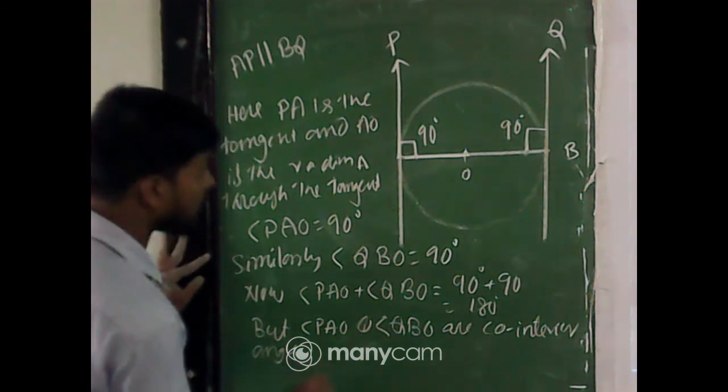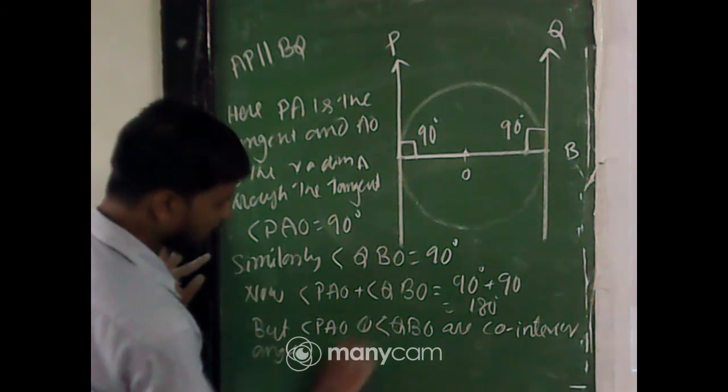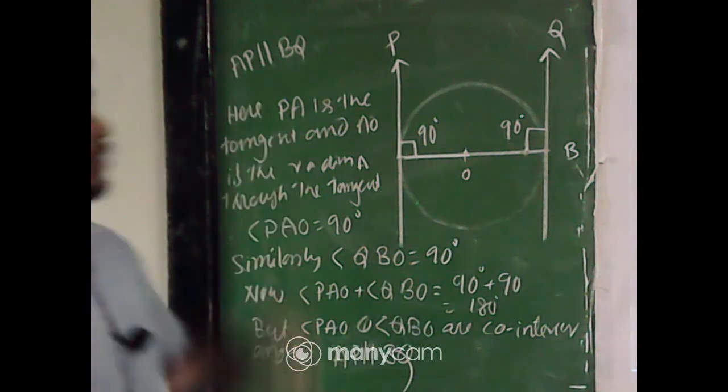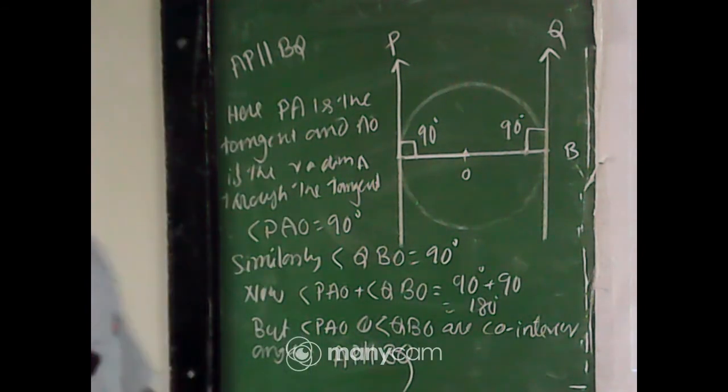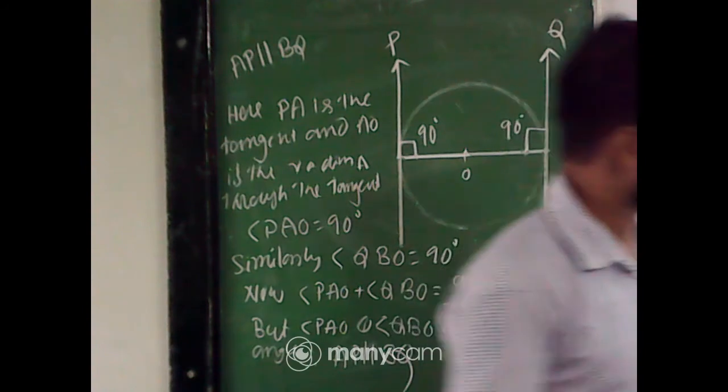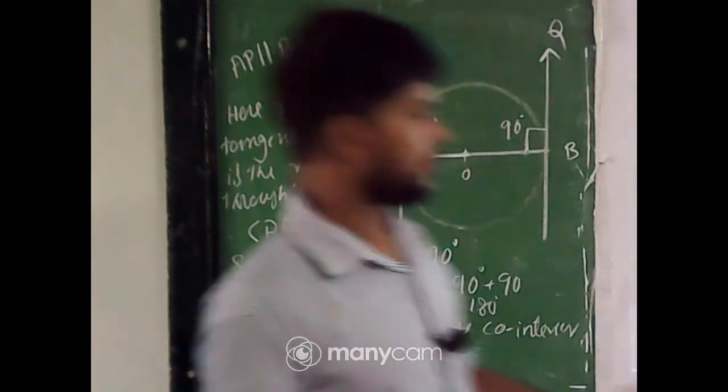So we can say that AP is parallel to BQ. That means the tangents at the end points of the diameter are parallel to each other. And hence the theorem is proved.